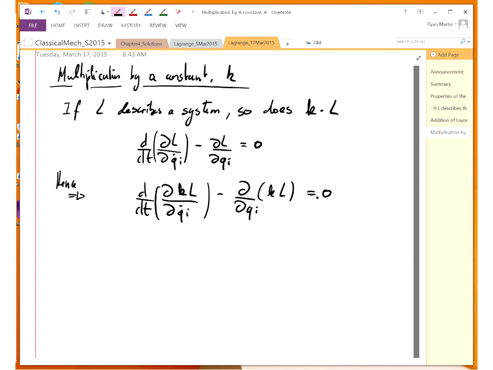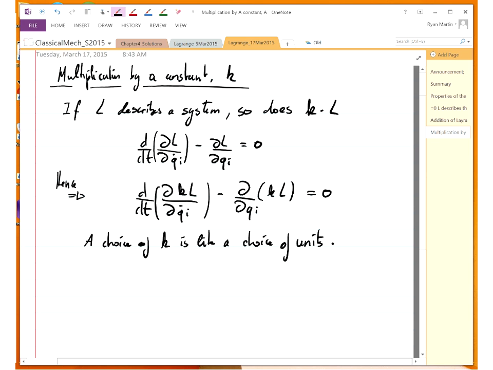So this choice of the overall constant that multiplies the Lagrangian is really just our choice of units of mass. So a choice of k is like a choice of units of mass.